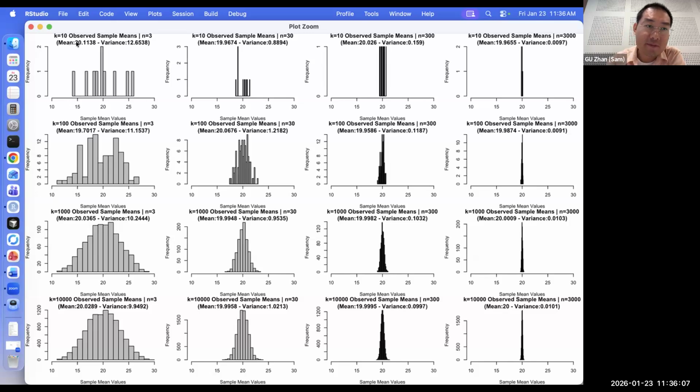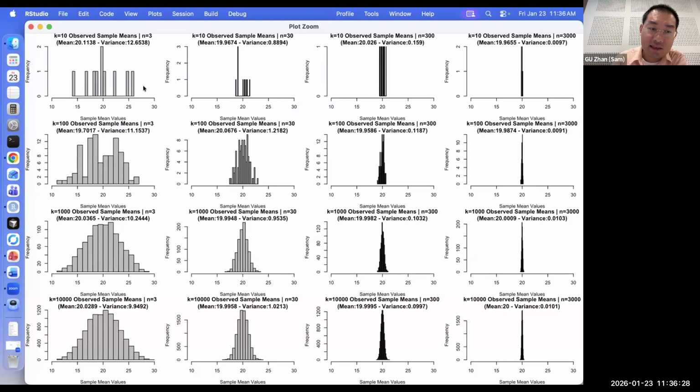The difference is the k value, the number of samples. Here you have 10 sample means, in the second chart 100 sample means, then 1,000 sample means, and 10,000 sample means. So the k value increases from top to bottom, but the sample size remains the same.